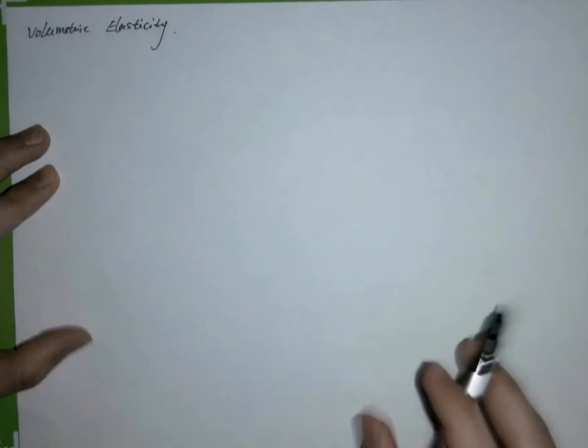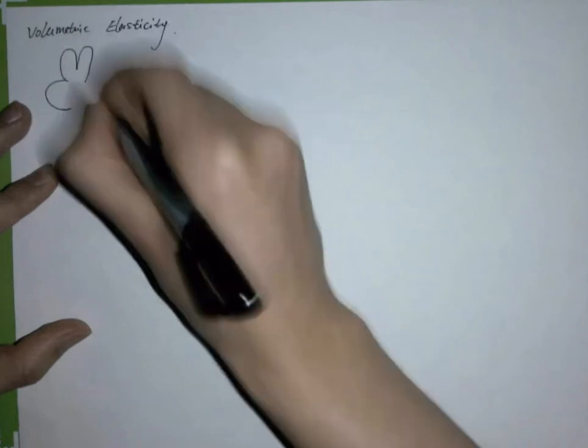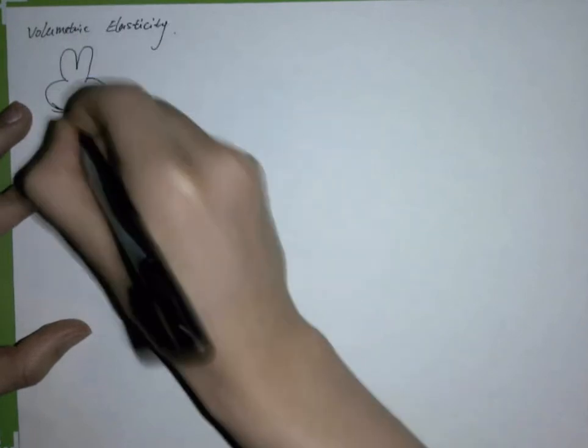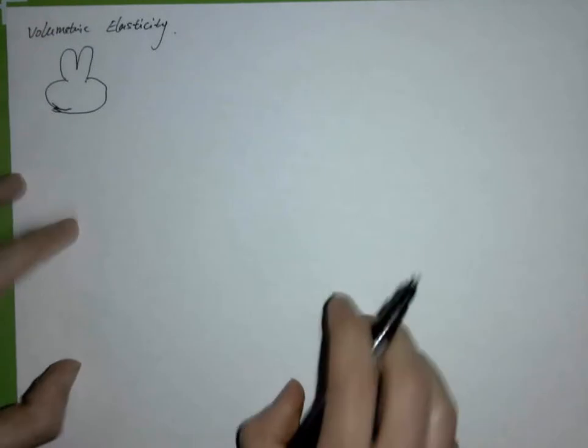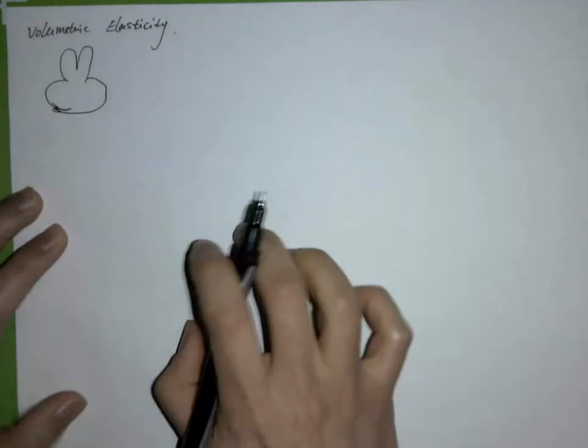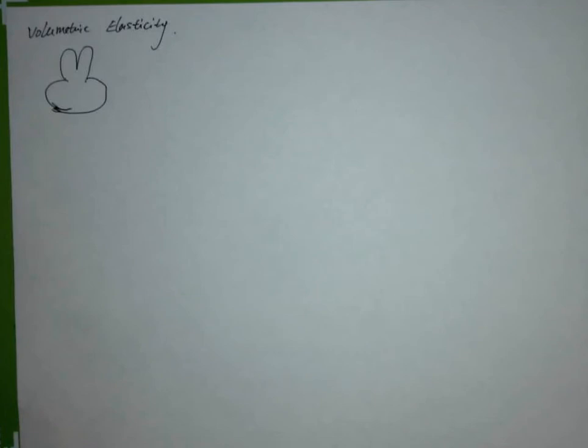Okay, so say I have an arbitrary object in 3D. Let me draw something. A bunny. It's a fat bunny, and I'm drawing everything in 2D because it's easier to draw here, but you can imagine this is a 3D object.